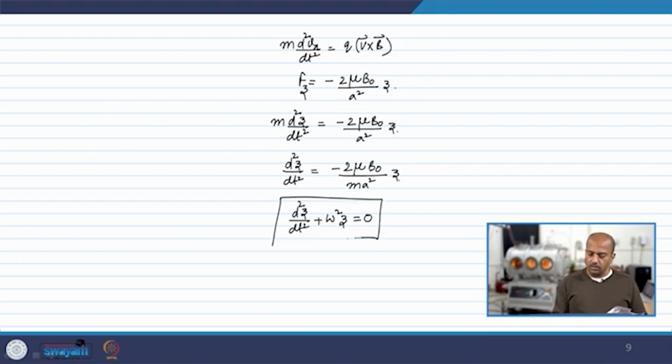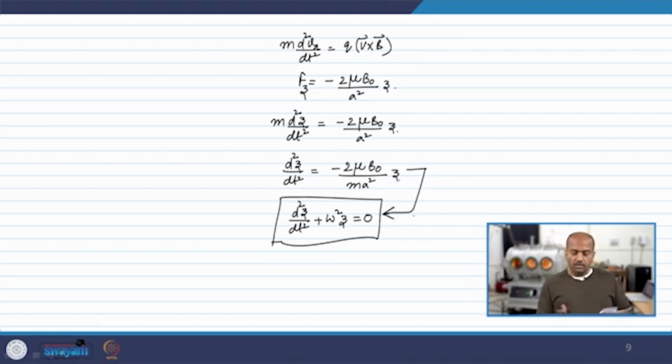This is a standard way we write a simple harmonic motion, right. So these two are similar to each other, that means the coefficient of z must be omega square. So omega square is 2 mu B naught by m a square.